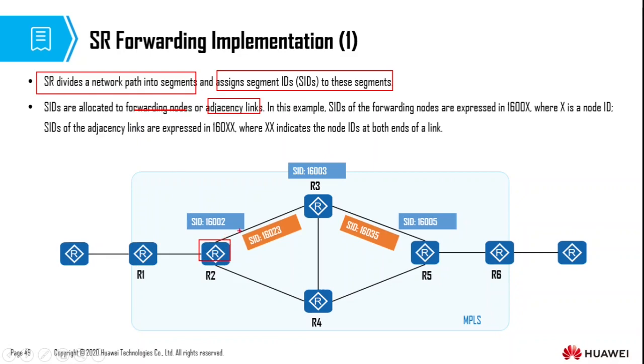When you're talking of the links, we are talking of the link, for example, this link between R2 and R3. In this example, SIDs of the forwarding nodes are expressed as 1600X, so 1602, 1603, 1605, where X is the node ID. SIDs of adjacency links are expressed as 160XX, for example 160 23, 160 35.